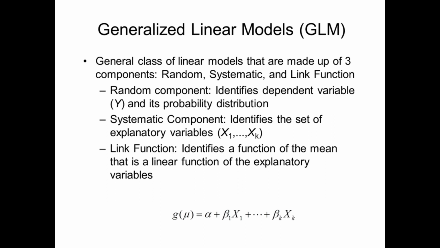So we also have a systematic component. The systematic component just identifies the set of explanatory variables, which are the variables that, in empirical work and in the literature, can explain the variation, the fluctuation of the random component y.